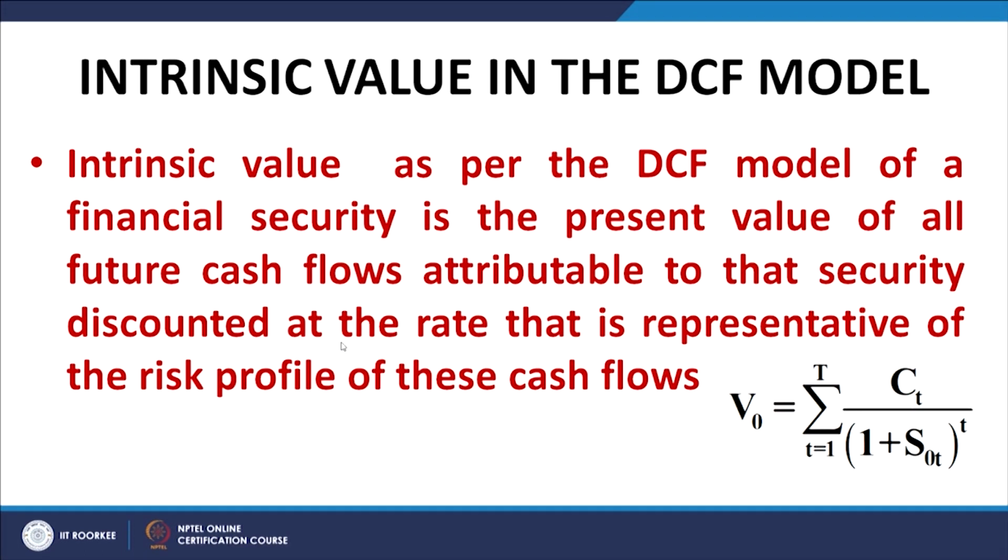What does the discounted cash flow model say? The discounted cash flow model says that the intrinsic value of a security is the present value of all future cash flows attributable to that security discounted at a rate which is appropriate for the riskiness of the realization of those cash flows. It is worth repeating.